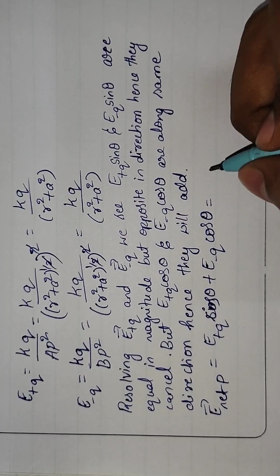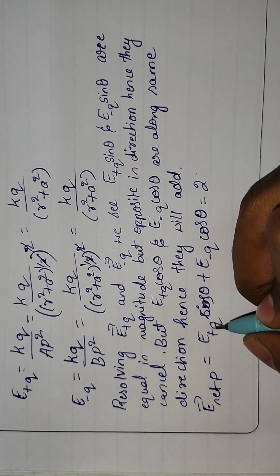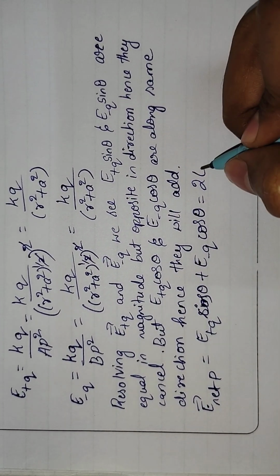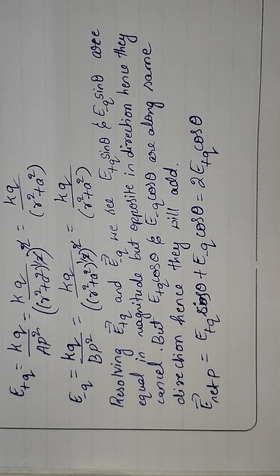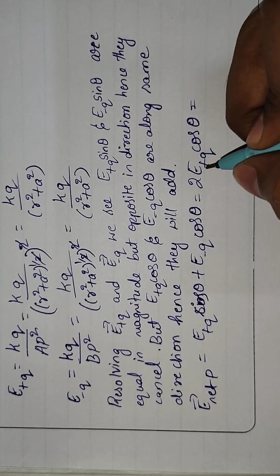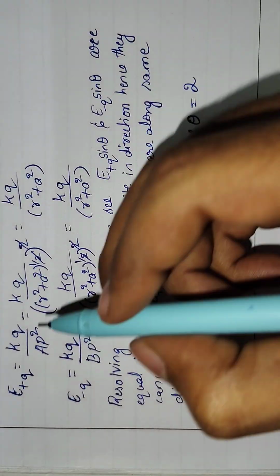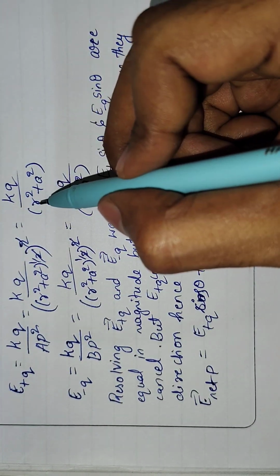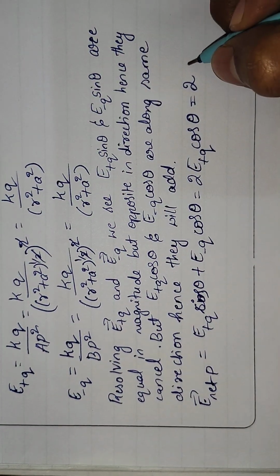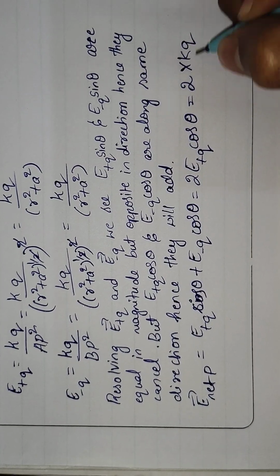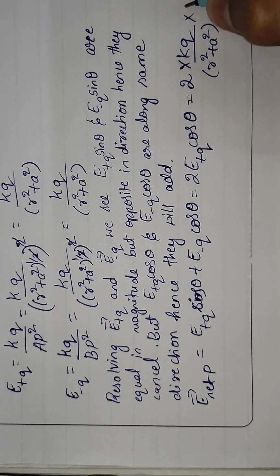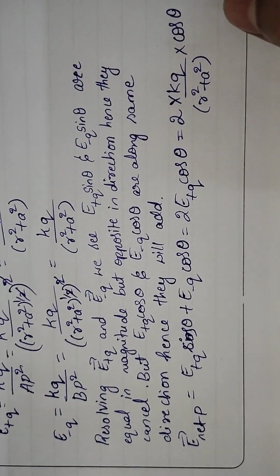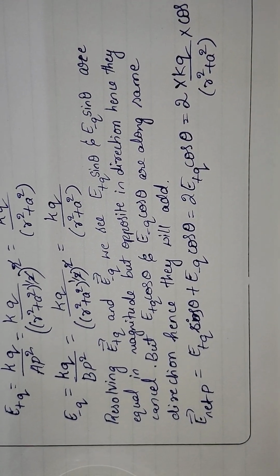Okay, so I will write it as any one of the quantity. Substituting E minus q as E plus q, I will get it as 2 E plus q cos theta. Fine. Now substitute the value of E plus q. Here you have E plus q is equal to kq by r square plus a square. So 2 into kq by r square plus a square into cos theta. Okay, so I'll continue in the next page.